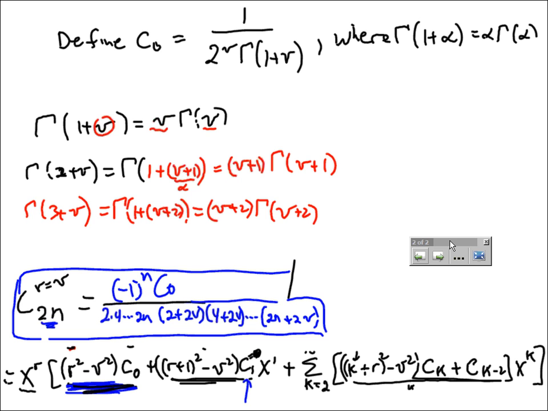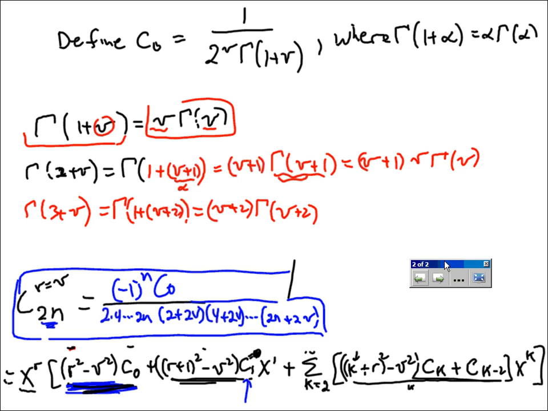But here's where it's very interesting. I can simplify that second one. I have V plus 1 times that. But that is this. This is V gamma of V. The line below, we do the same trick. It's V plus 2 times gamma of V plus 2.